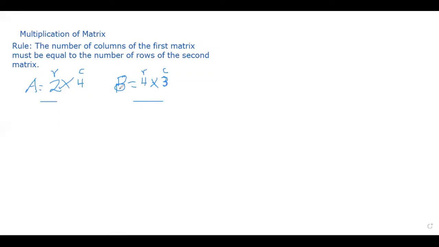Balfour is saying no, because with matrix A the columns are 2, but with matrix B the rows are only 1. So there's no way we can multiply the two. Let me come again. We can't multiply because matrix A has 2 columns.